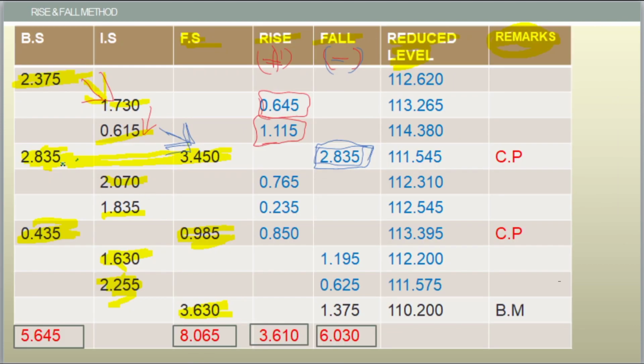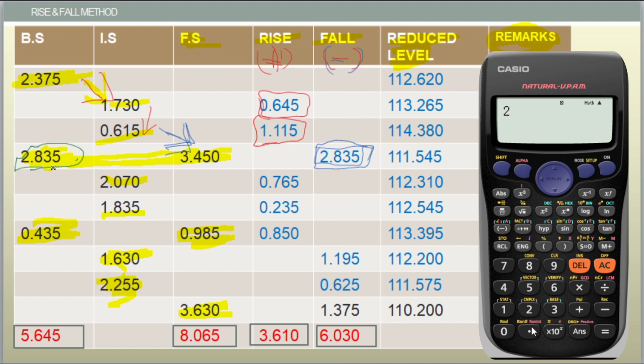So again, the first reading here, that is the back side, minus the intermediate side, by subtracting it we get a positive 0.75. So that falls under the rise. Again we move to the second reading, we subtract the third reading of that position 2.